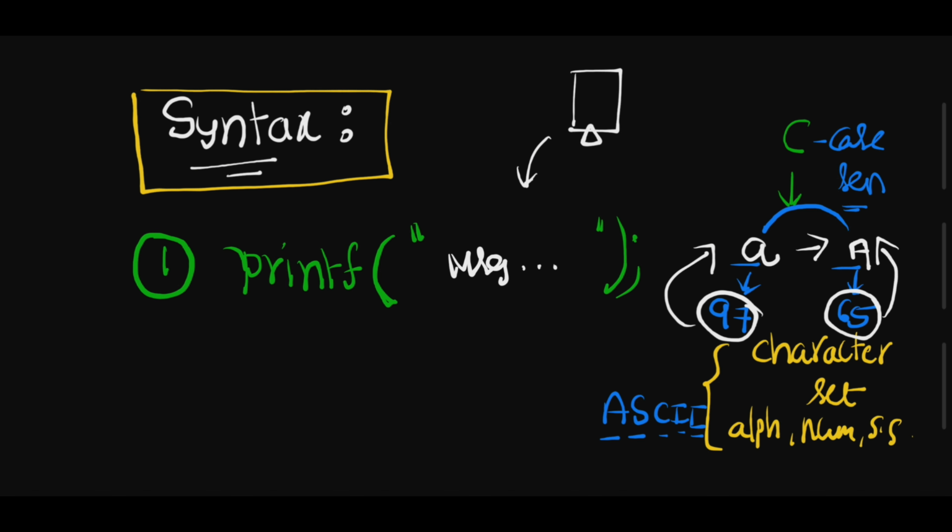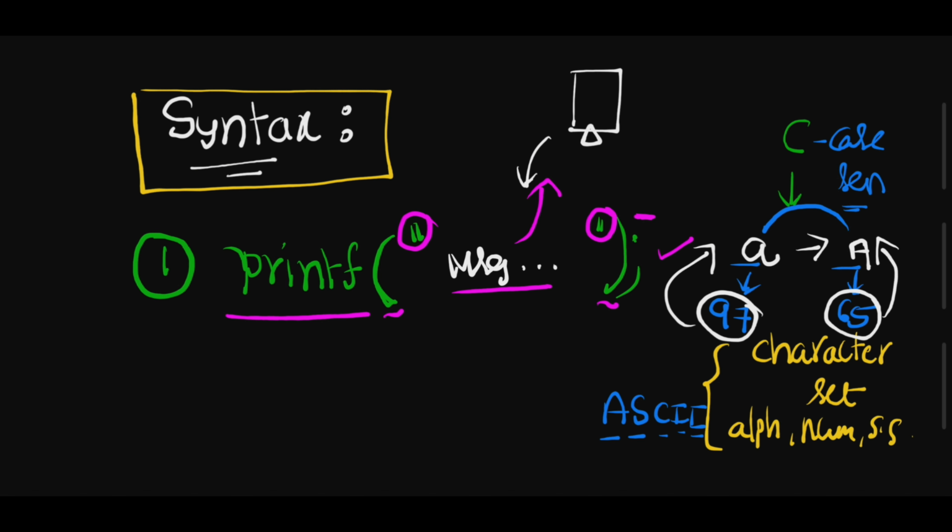Printf is a predefined function that contains an opening parenthesis and a closing parenthesis, and the message must be defined under double quotations. Every statement of C language ends with a semicolon. If you write the semicolon, the compiler understands the statement is ending, otherwise the compiler gives an error. Whatever message we write is printed on the output screen.